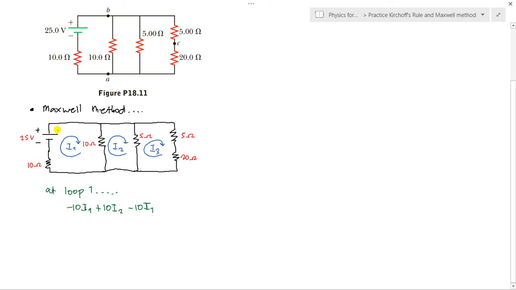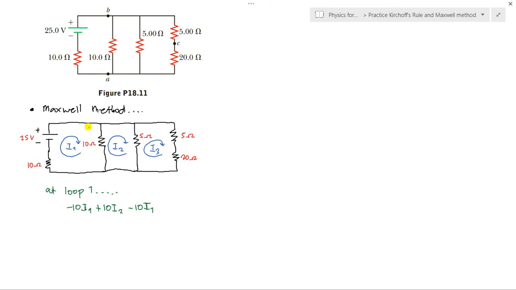Class, is it voltage rise or voltage drop? Voltage rise, right? To avoid confusion, if it is negative, treat it as the smaller number, and the positive as the bigger number.